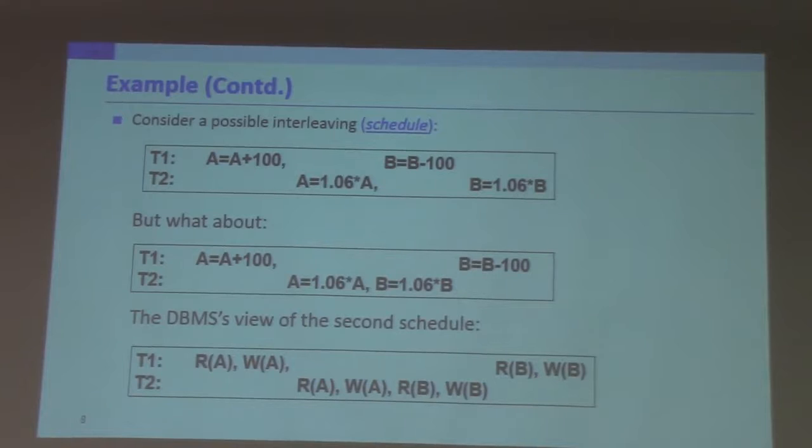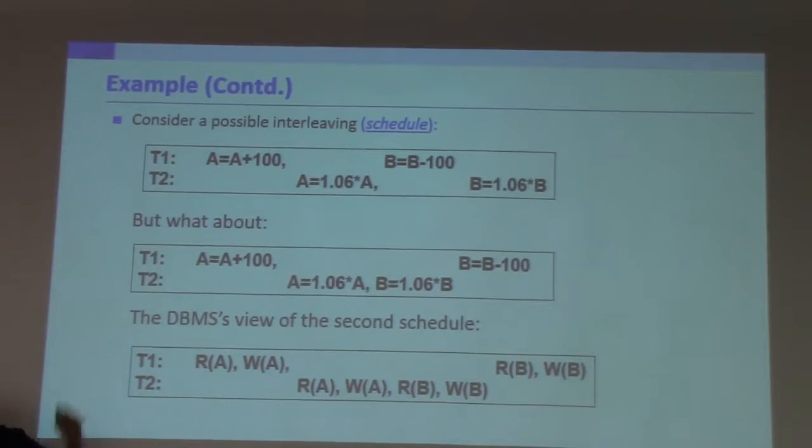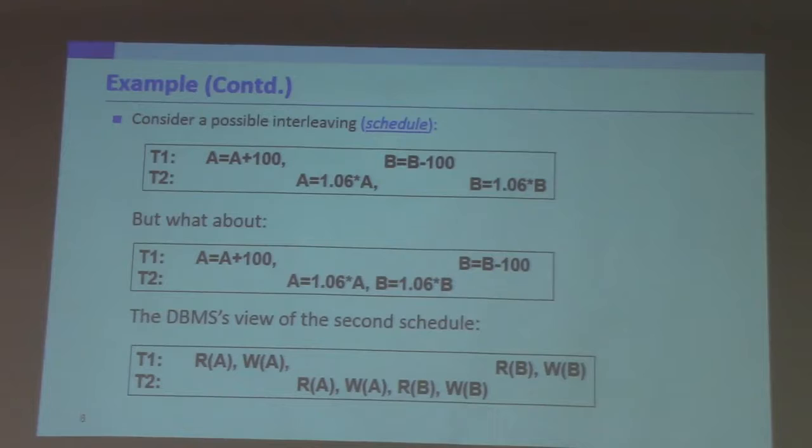Because it is equivalent to one of your serial schedules. So it's serializable. These two at the bottom are not serializable schedules because they are not equivalent to any one of your serial schedules. You only have two serial schedules here, and it's not equivalent to either of these. So it is not a serializable schedule.